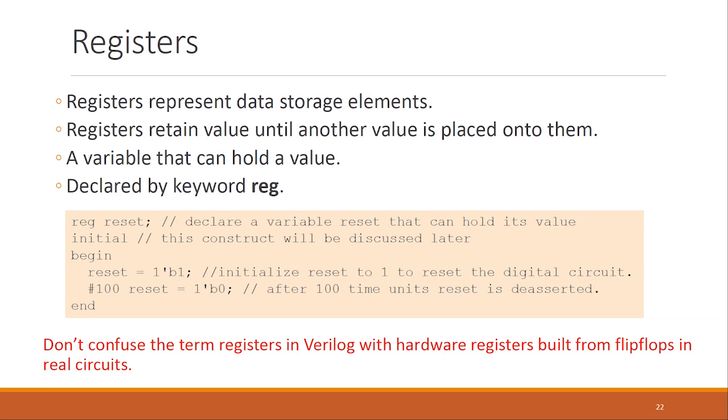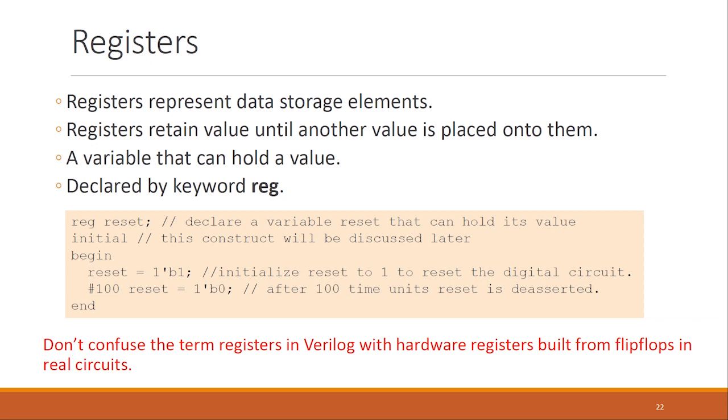What we are doing there is we are setting the reset. Now you need, as I told you at the beginning as well, you should not confuse the term registers in Verilog with hardware registers built from flip-flops, because there's a difference here. For these register data type variables, you don't have a clock or anything like that.